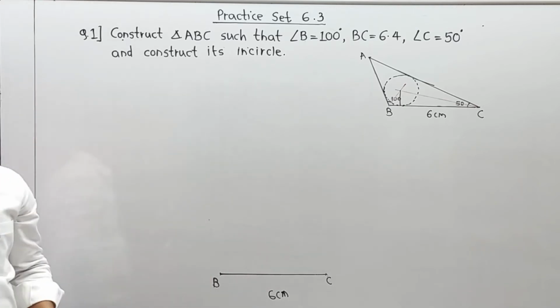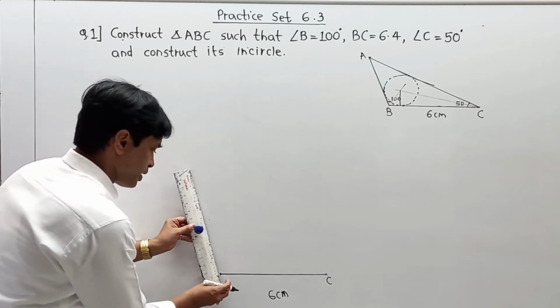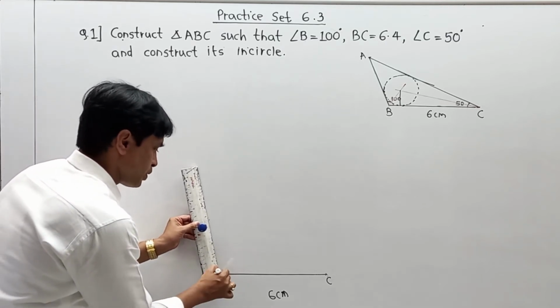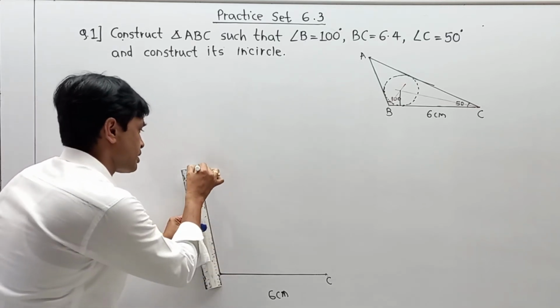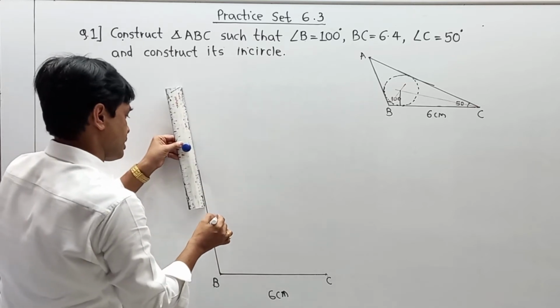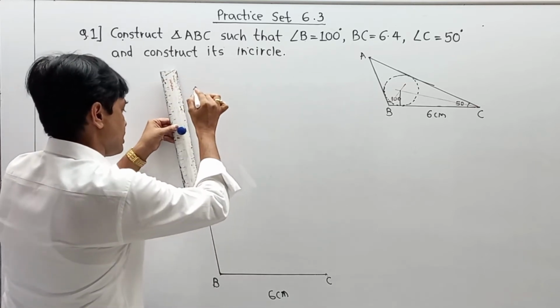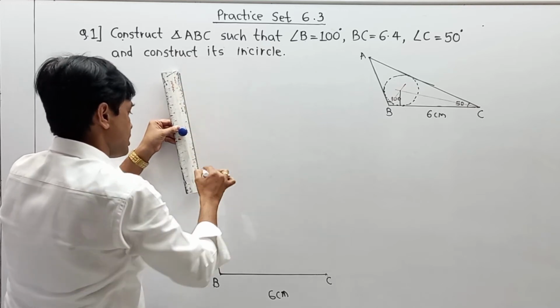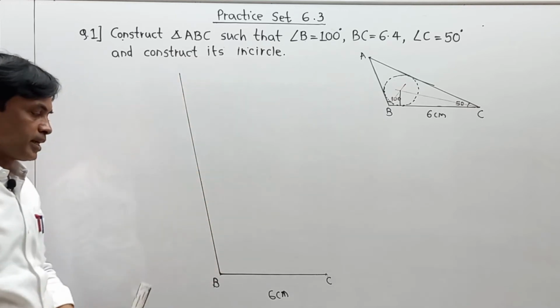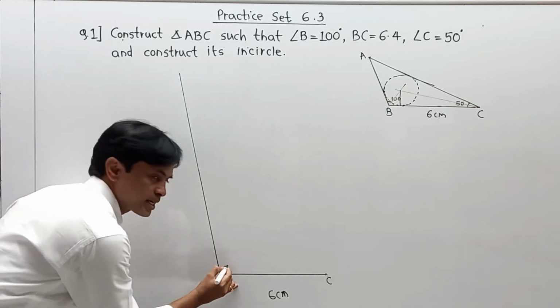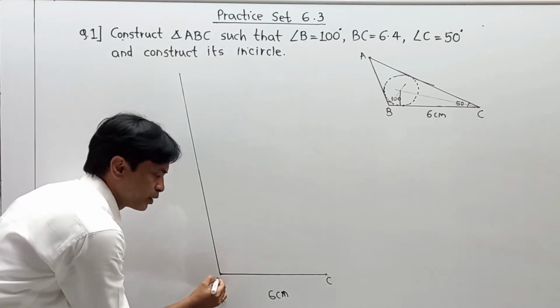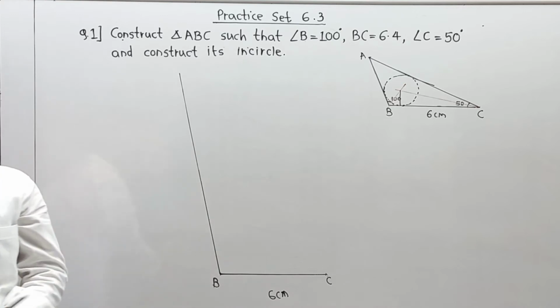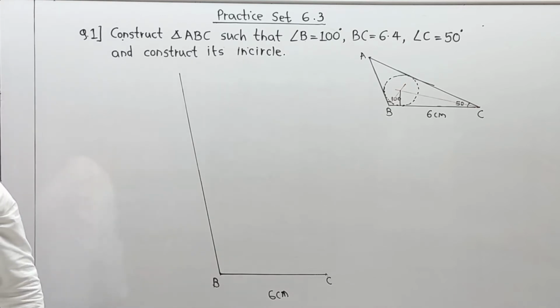Now I have put one dot over here, and with the help of vertex B and that dot, this is the line that I have drawn with angle B as 100 degree. I can write 100 degree over here, but after some time I have to draw the angle bisector, so keep it as it is.